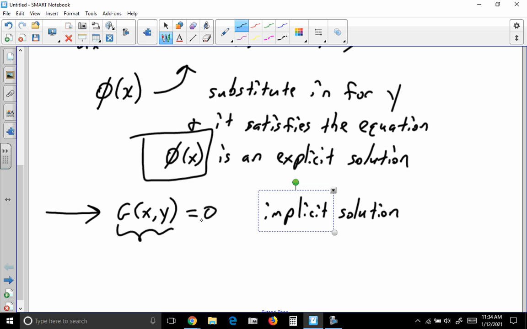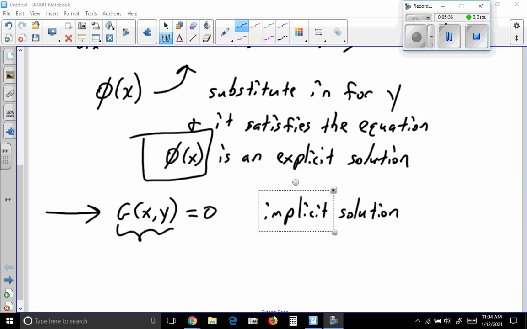If our differential equation were a second order differential equation, then we would take two derivatives of this potential solution, and then we would see, does that match our original differential equation? So let's look at a couple examples.